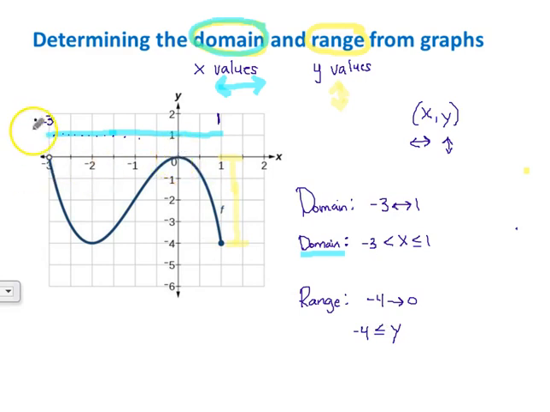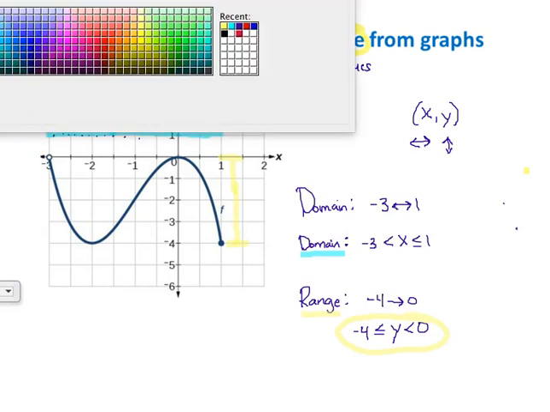So the range goes from -4 to 0, and y has to be less than 0, so that open circle there. So that is our domain and range. And again, make sure we write them as inequalities. Don't just use arrows to show it; write it in inequality format to show your domain and range.